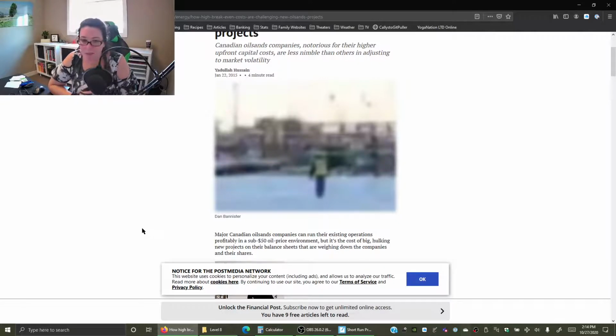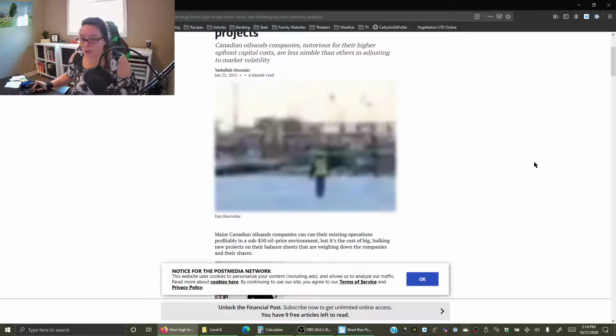Now, different companies have different shutdown prices. $20 to $30 a barrel is probably about that range. But if the price of oil drops below that, then they're operating not only at a loss, but can't even cover the cost of their workers.